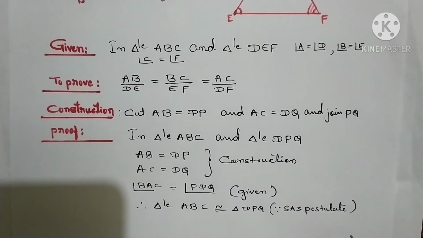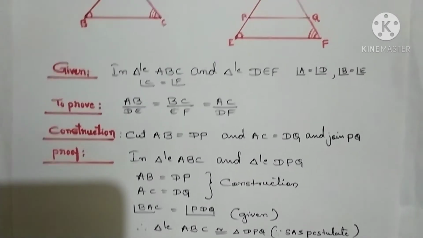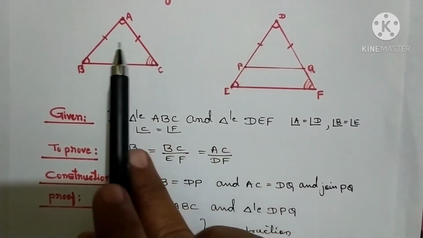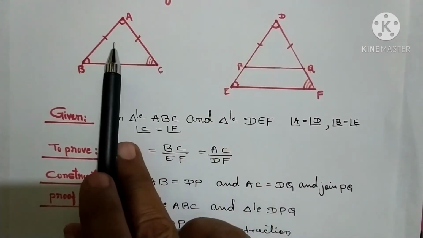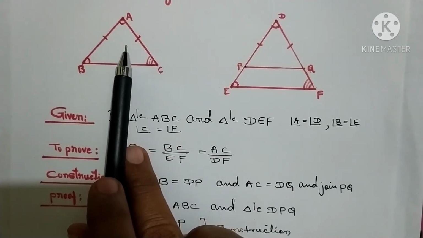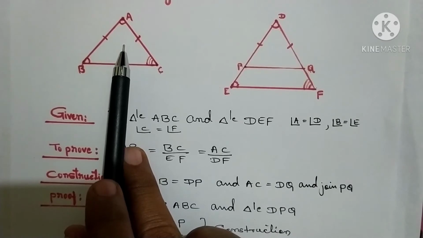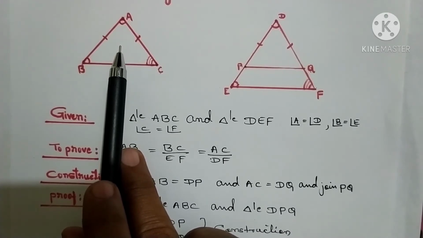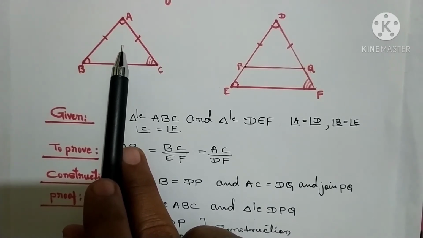Now these two triangles are congruent, then corresponding sides are equal, corresponding angles are equal. Understood? In congruent triangles, corresponding sides are equal as well as corresponding angles are equal.